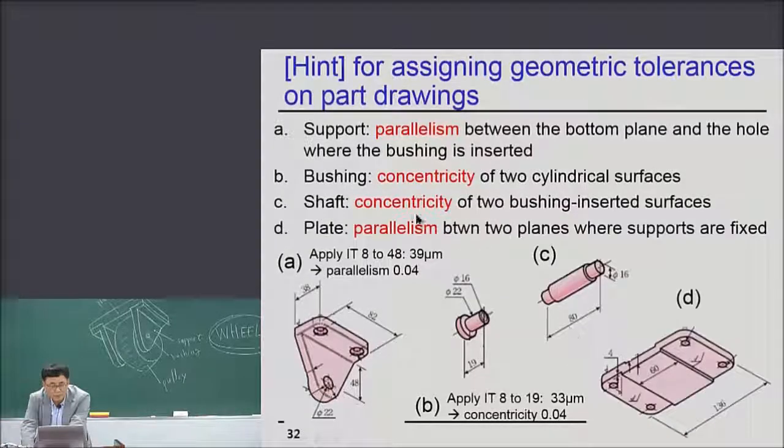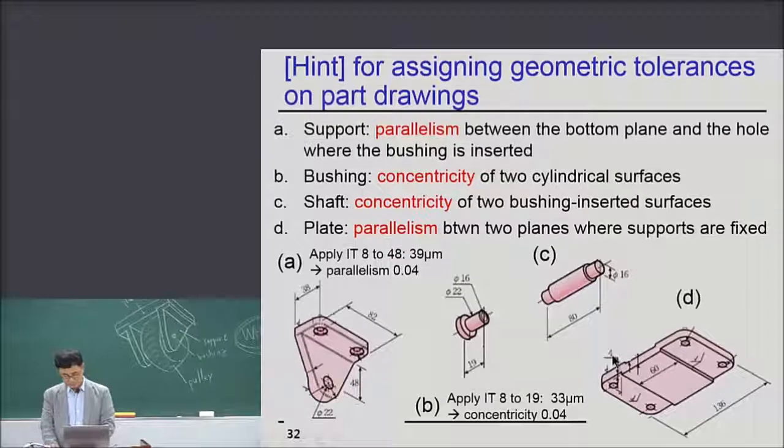Same story for the parallelism between two planes where supports are fixed, and the parallelism of the two bushing-inserted surfaces, same logic. Here you can select the proper geometric tolerance.